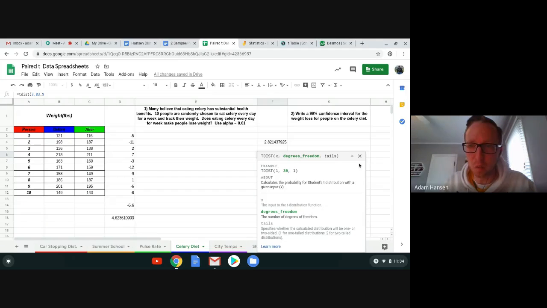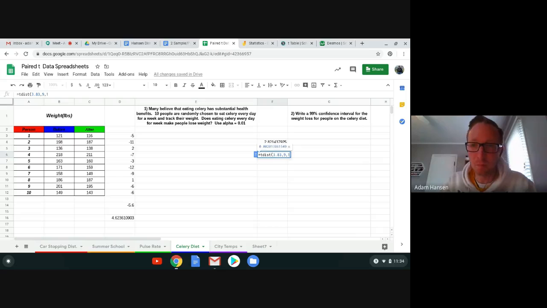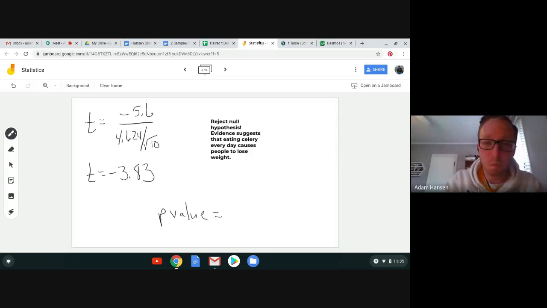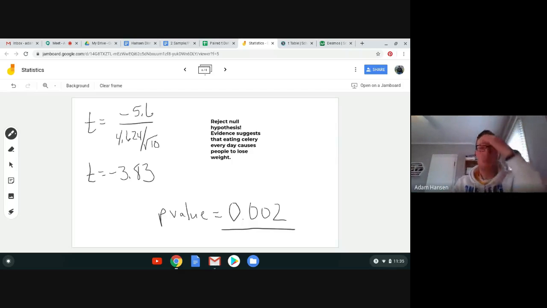And the number of tails would be 1. I see a p-value of 0.002, approximately. If p is low, we reject the null. The probability of our sample or sample more extreme is only 0.2%. Hypothesis test part. Any questions here?